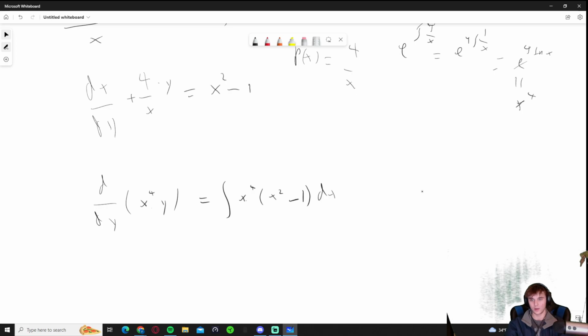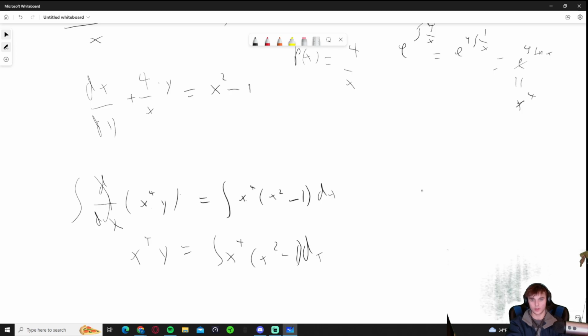We take the integral of both sides, and this is an x right here which cancels this out, and we end up with x to the 4th y equals the integral of x to the 4th times x squared minus 1 dx. Put the parentheses in there.